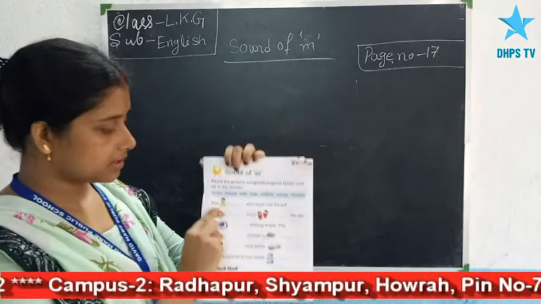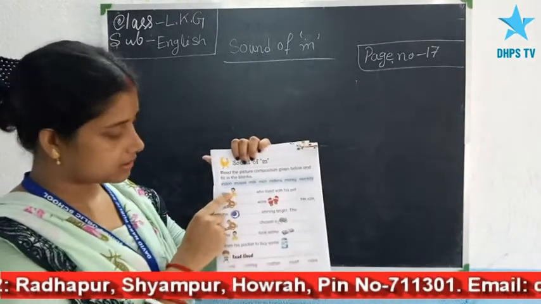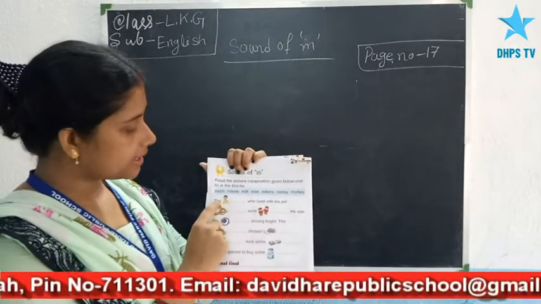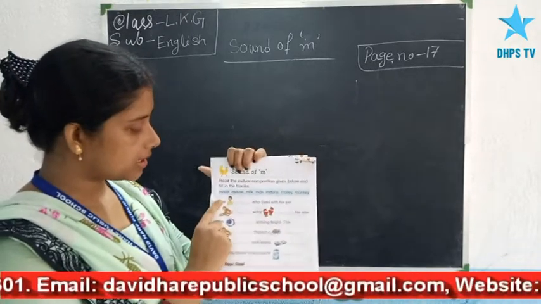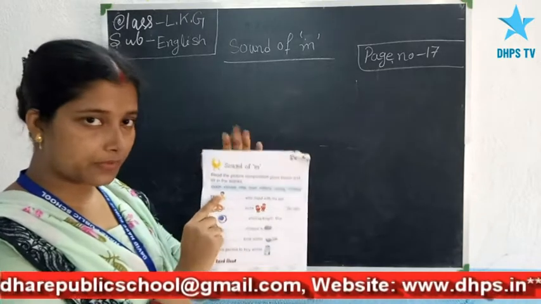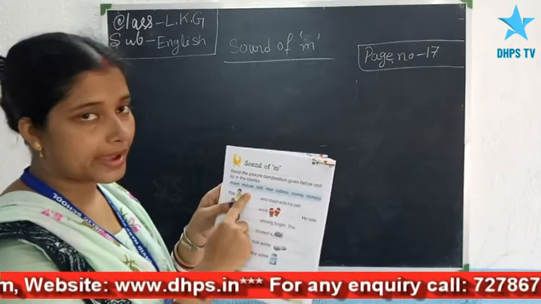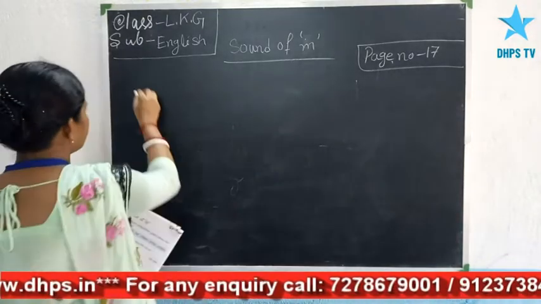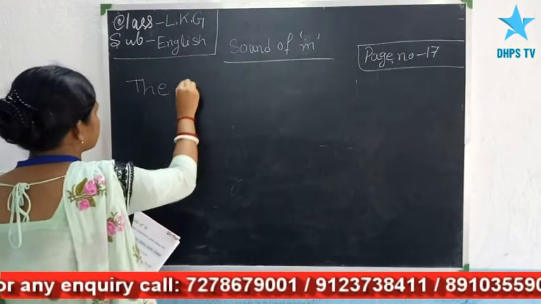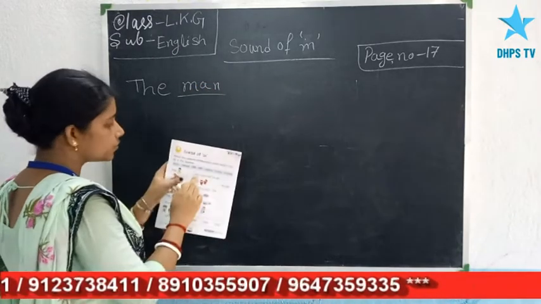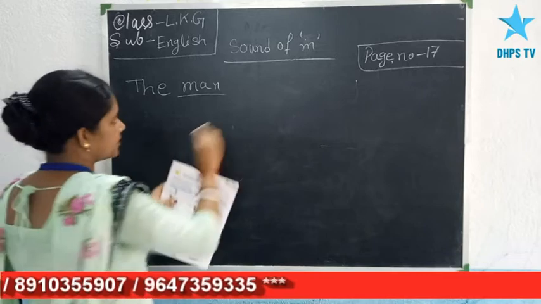At first, see the picture. The picture is of a man, so you have to write in the blank: man. The man, M-A-N, man.